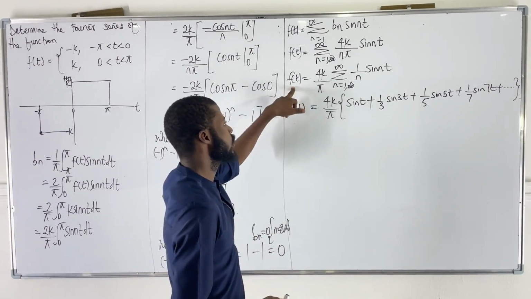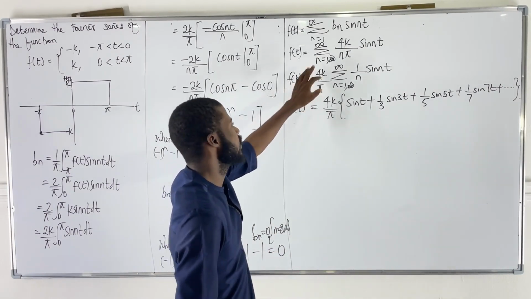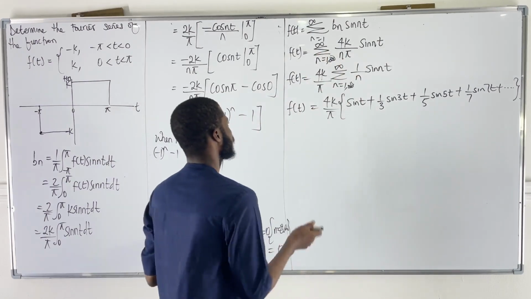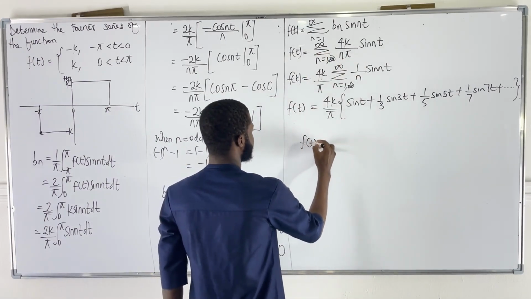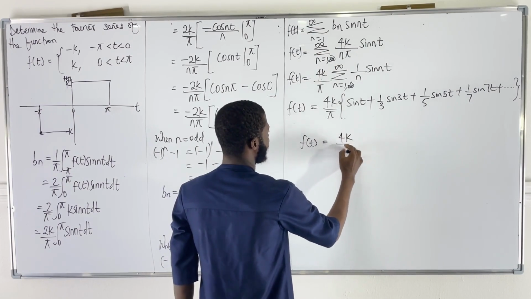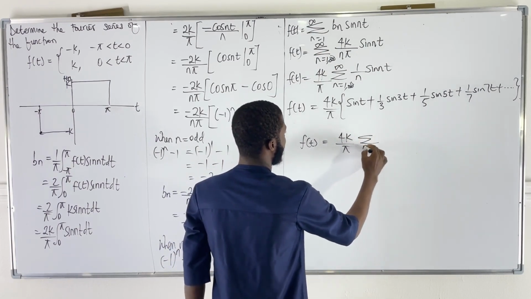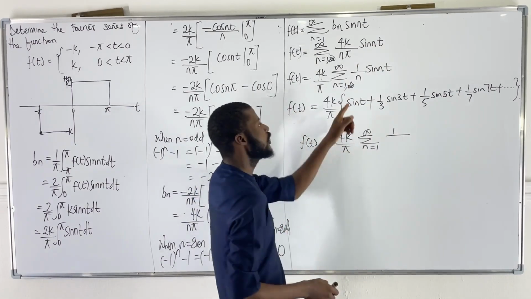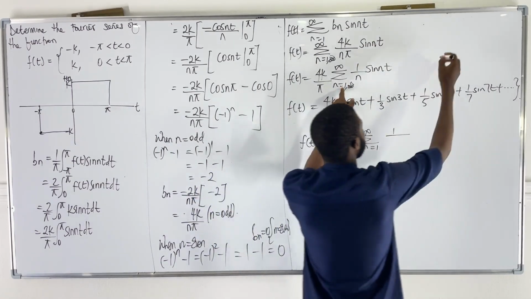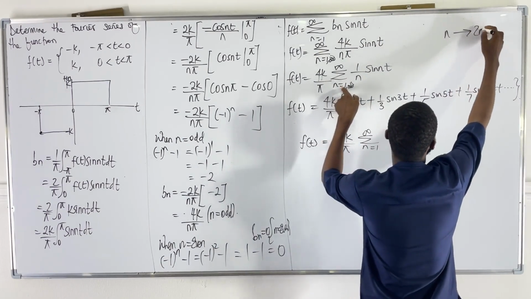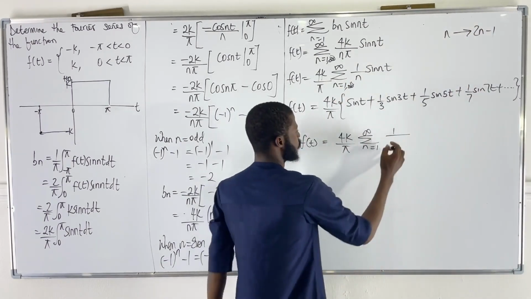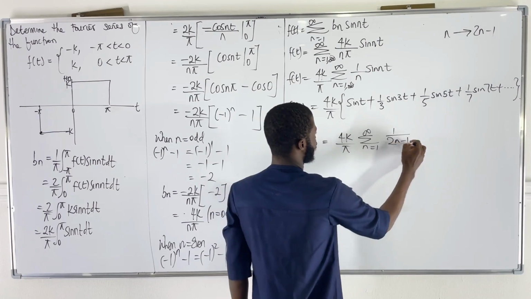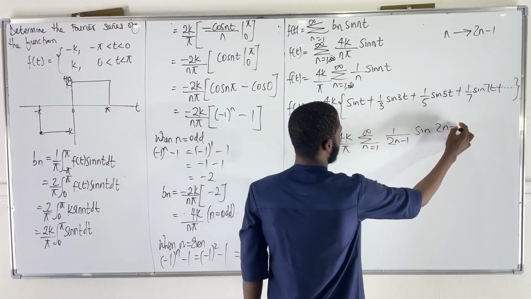Now, what if you were told to leave your answer in terms of n? That is, you see this summation, don't expand it. If that's the case, this will be 4k over pi with the sum from n equal to 1 to infinity of 1 over, and because this is always odd, change all of your n to 2n minus 1. So this will be 1 over 2n minus 1 sine of 2n minus 1 times t.